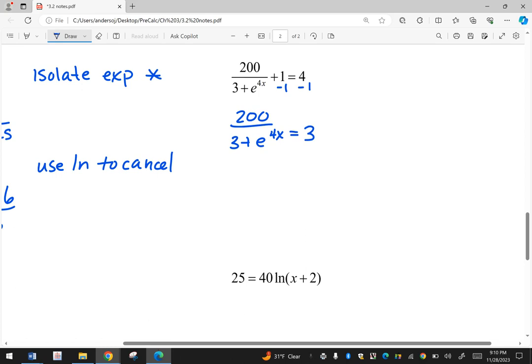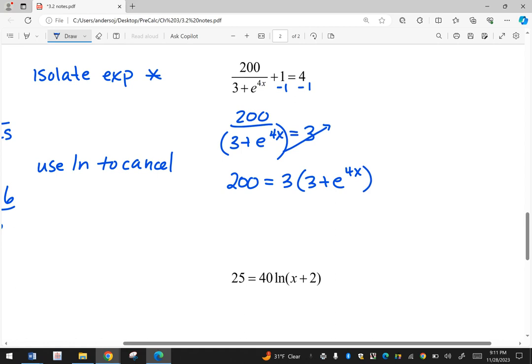Now, what I like to do is I need to get this whole group out of the denominator. So I'm going to do a little switcheroo here. I'm going to take all of this and move it to the outside. So I'm going to have 200 equals 3 times 3 plus e to the power of 4x.